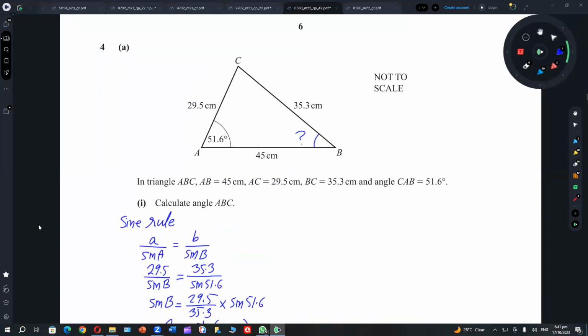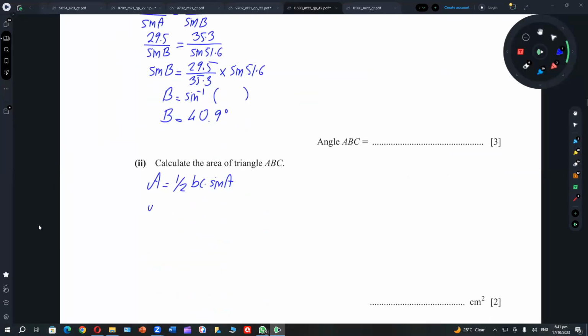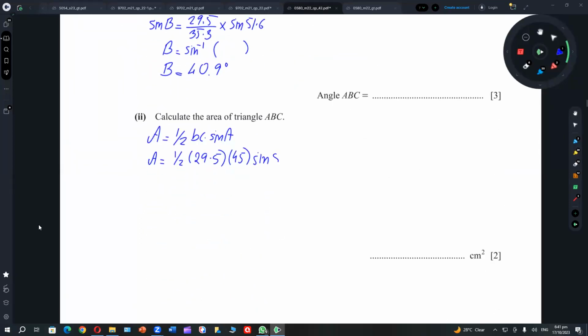Now I have two sides, 29.5 and 45. The answer is 520. 520. Yes.